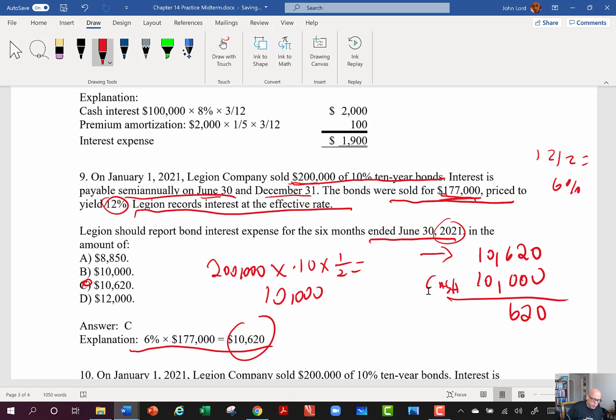Okay, so how would we calculate the carrying value for that next 6 months? Well, as you amortize the premium, the carrying amount of the bond goes up. So we take the 177,000 and add the 620 to it. That gives me 177,620. And then for the next 6 month period, I would multiply that by the 6%.